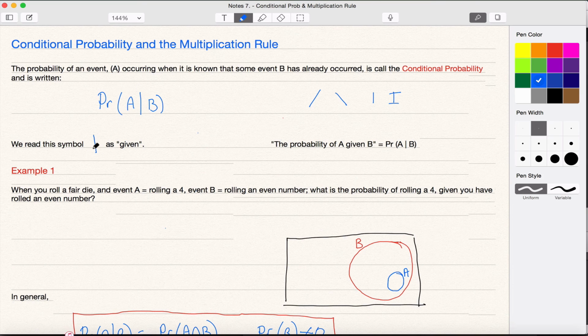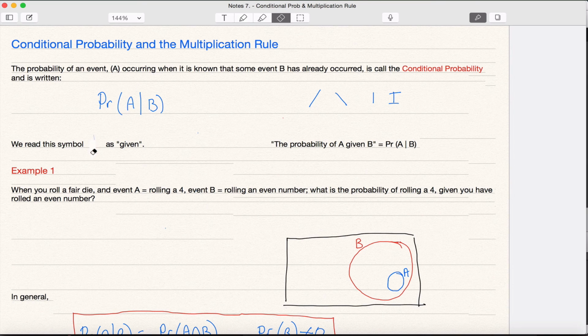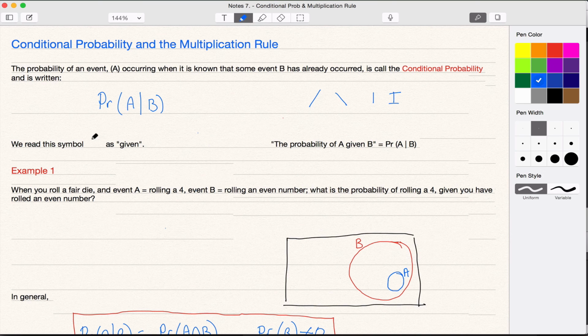In fact, I'm going to rewrite this one because I think it's slightly at an angle, and I'm a bit of a perfectionist like that. You'll find it on your computer keyboard above the backslash. If you press shift and this one, you'll get a straight up and down line. So it's the probability of A given B. This is what's called conditional probability. It's conditional, B is conditional on A occurring.